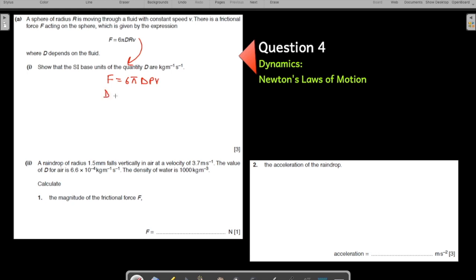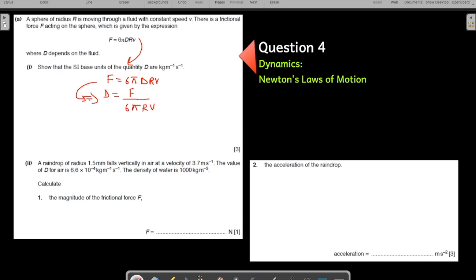So d is equal to F over 6 pi r v. This whole equation can be written in this way.